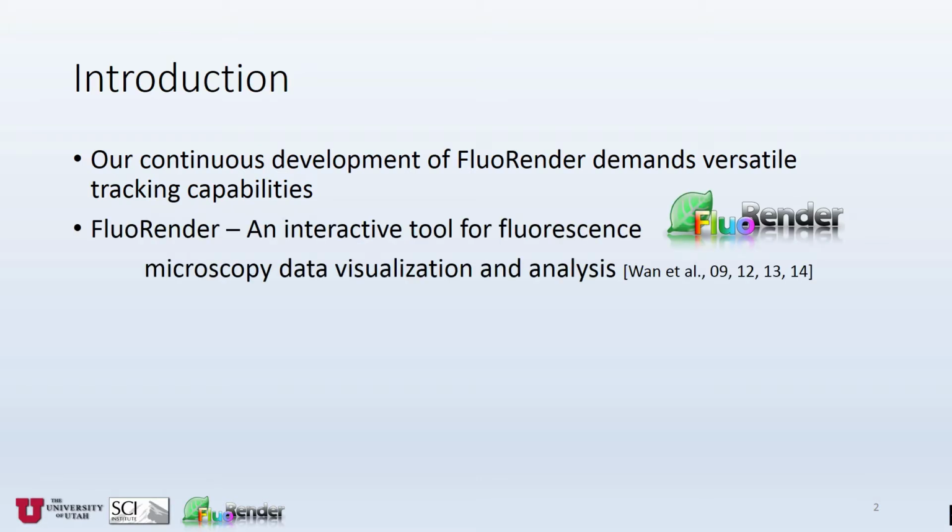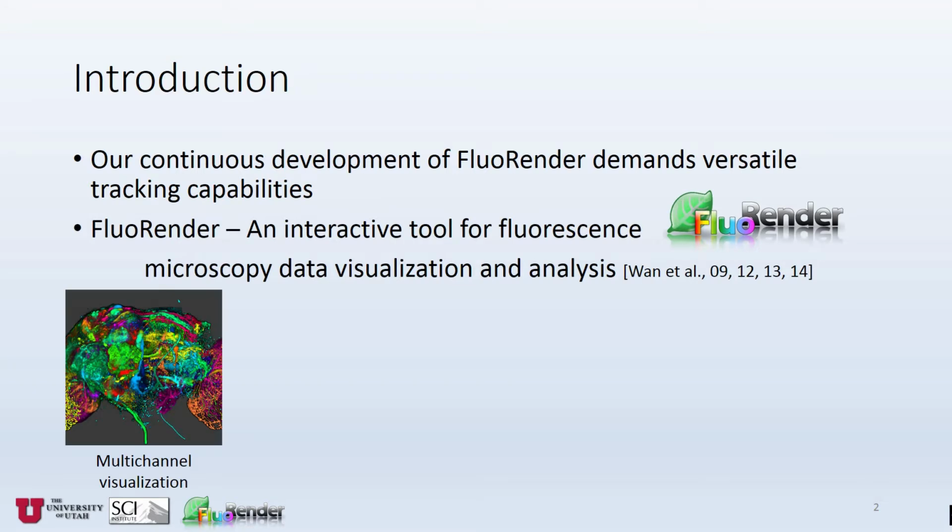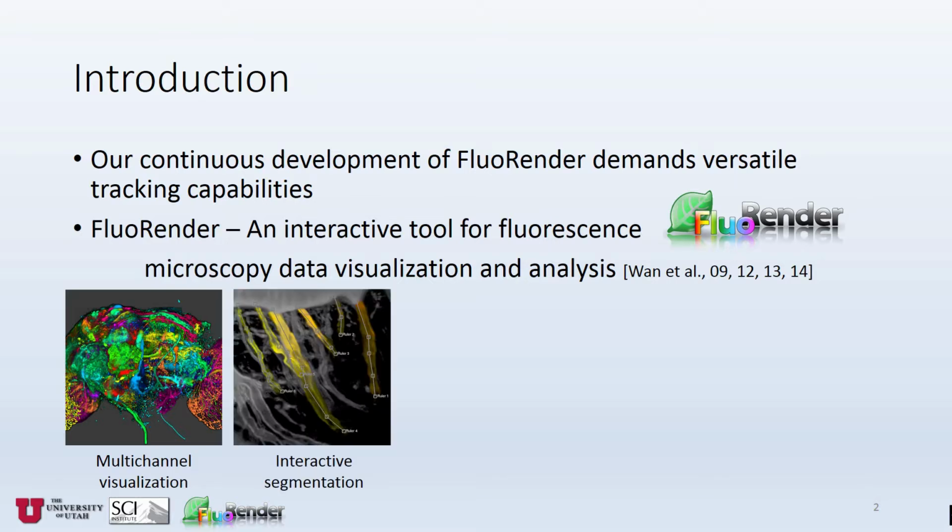FluoRender is an interactive tool for fluorescence microscopy data visualization and analysis. It already integrates a series of modules. Multi-channel visualization allows a large number of volume channels to be rendered in an anatomical atlas. The interactive tools allow users to select and segment structures directly in 3D.